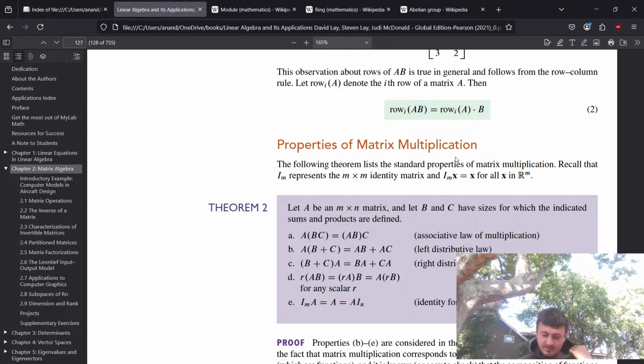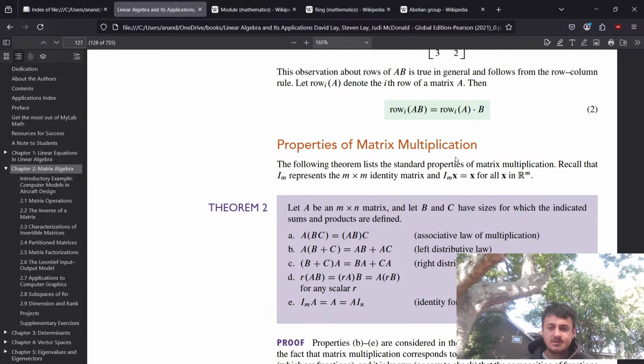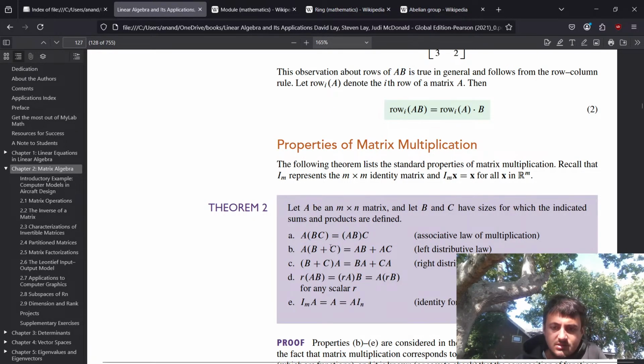All right, so now we get some theorem 2. Okay, so what we're really talking about is the algebra of n by n matrices where the operations are plus and times.